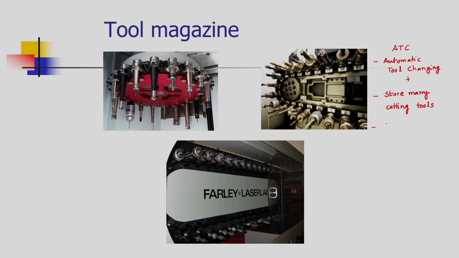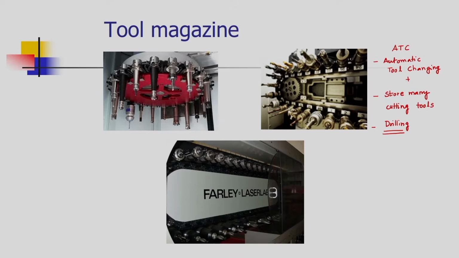So, if I take the example of a CNC drilling machine, the operation is very special, in that the machine tool should carry out a variety of drilling operations, from small to larger sizes of holes to be drilled.